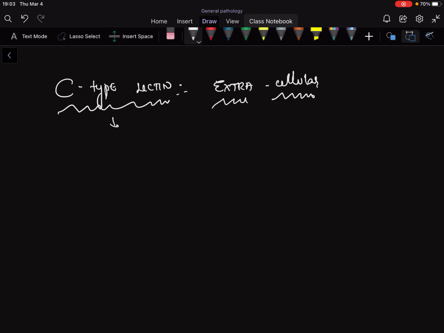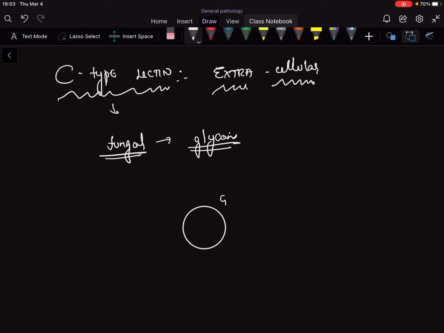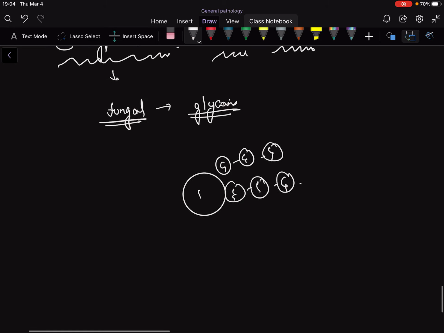And these extracellular C-type lectins, what will they do? They are only activated by fungal glycans. Fungi have these glycans present on their surface. So C-type lectins are only activated by glycans present on fungi.